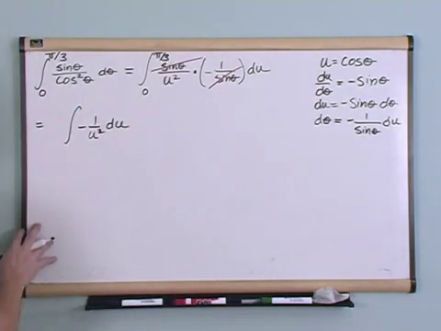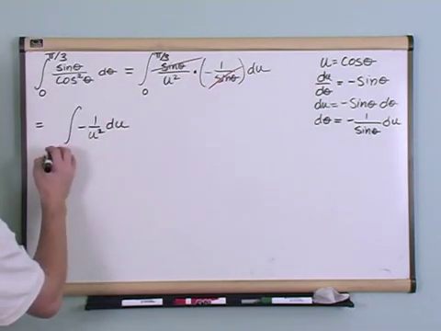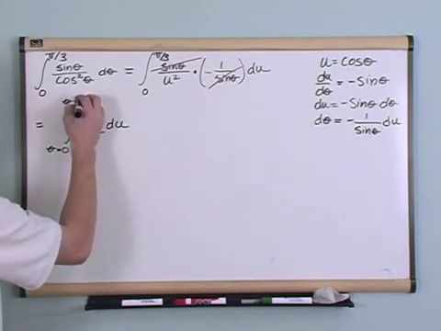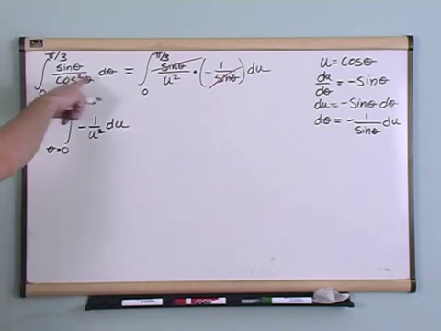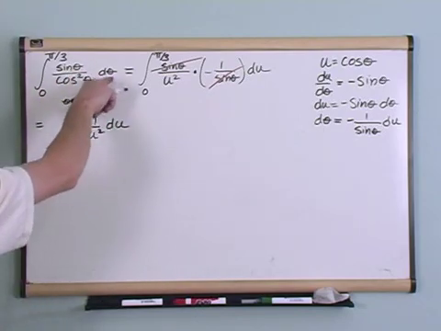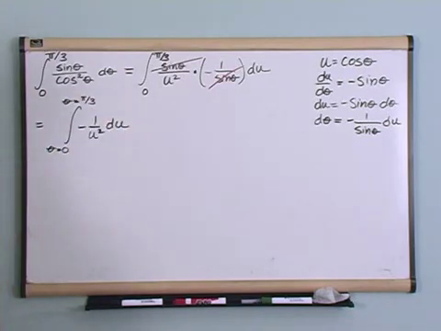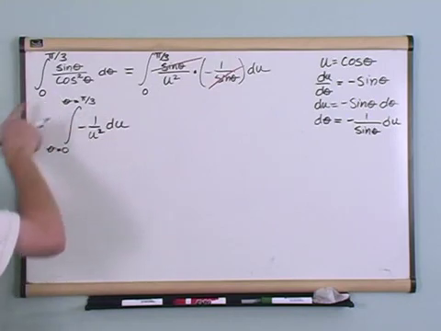Now, what I want to do at this point is remind you that when you integrate from 0 to pi over 3 in the original problem, this is from theta is equal to 0 to theta is equal to pi over 3. That's what you're doing, because these integral limits are in terms of theta, just like this is in terms of theta and this is in terms of d theta. Everything's in terms of the same variable. But you see, you have a problem here, because now you've got an integral over u, but your limits are in terms of theta.